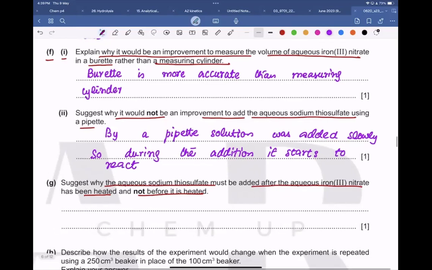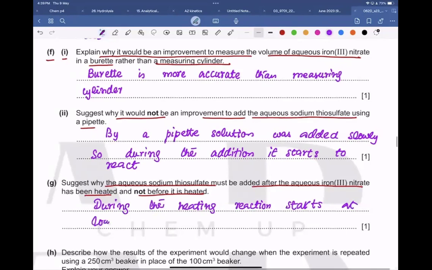So here the answer would be the same: during the heating, the reaction starts at a lower temperature.